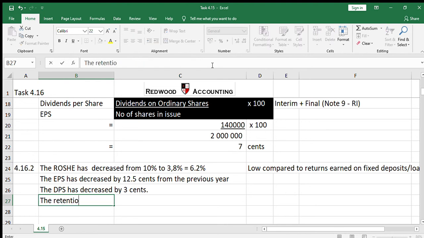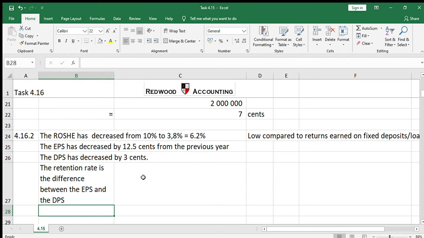The retention rate, which remember is the difference between the earnings per share and the dividends per share. So this tells you how much was retained by the company.